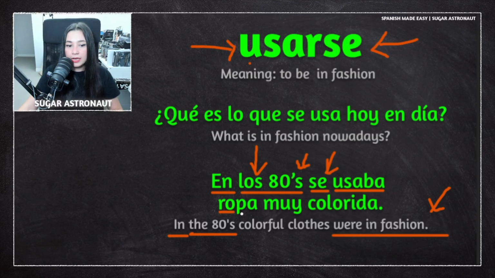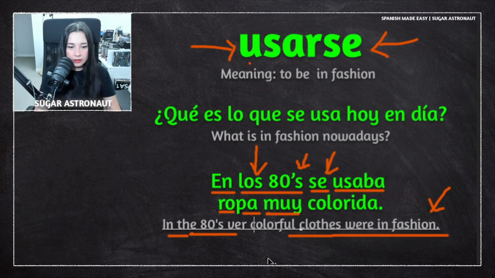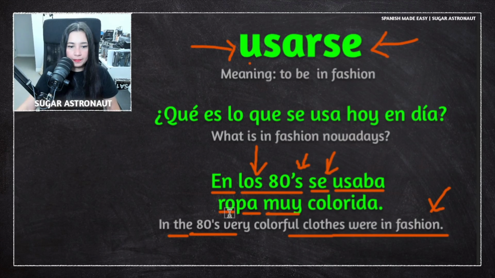Ropa means clothes. Muy means very. So it's very similar to saying that very colorful clothes were in fashion.